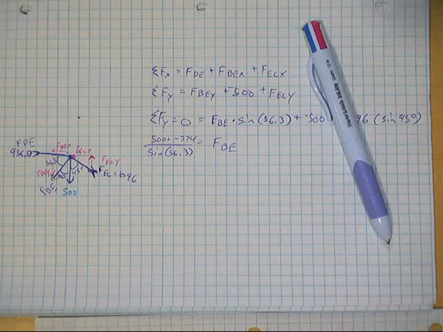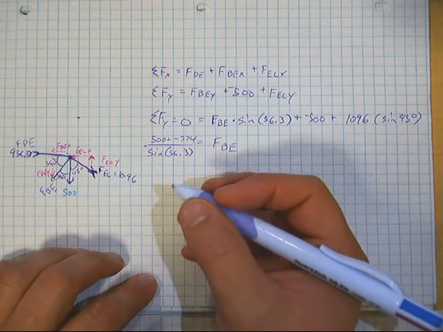Okay, so let's see how this goes here. What we end up with is negative 329.